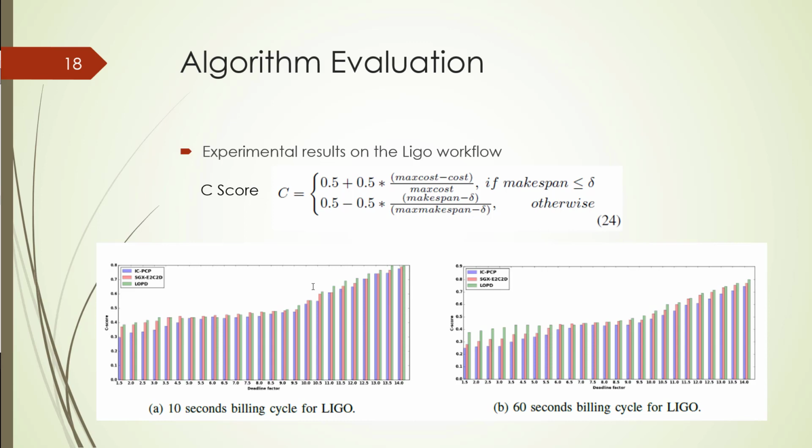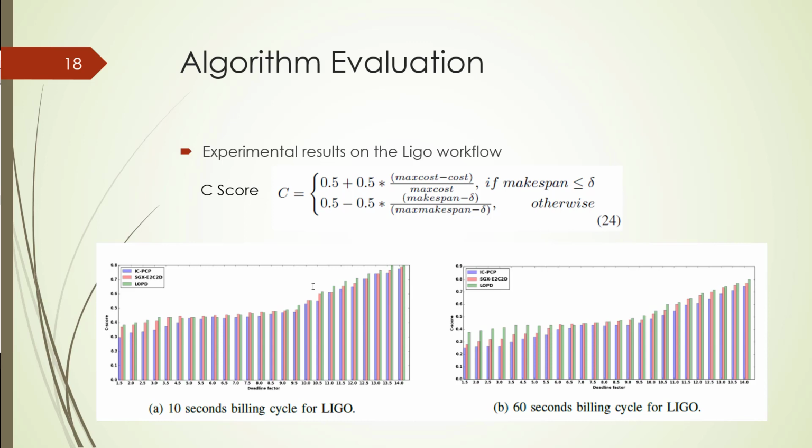LPOD algorithm. For evaluating the experimental result on the LIGO workflow, the researchers developed a C-score. The C-score is calculated according to the maximum cost. If the makespan is less than the sigma, the C-score will be calculated as half plus half times the maximum cost minus the cost that is spent, divided by the maximum cost.